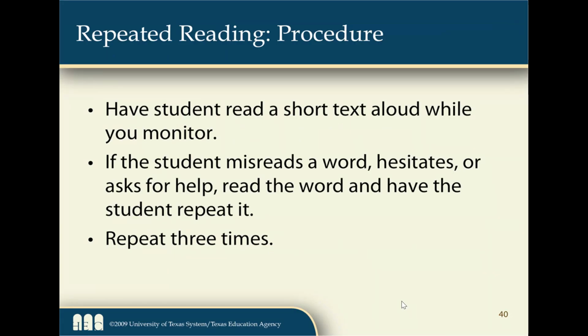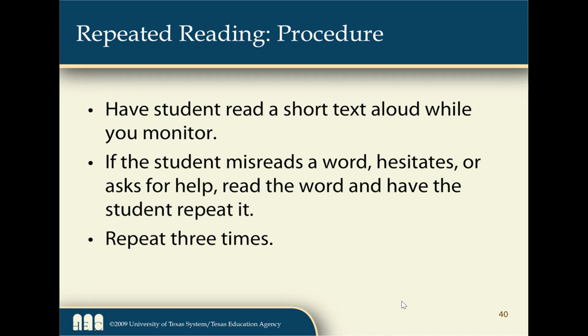The procedures that you would follow if you were going to assess a student in their fluency skills is very, very similar to a running record, despite a couple of slightly different changes. You'll have the student sit next to you and read a short text out loud while you're monitoring. In fluency, there are some similar coding marks that you would use in the fluency assessment as we did in the running record assessment, and you'll see that momentarily.